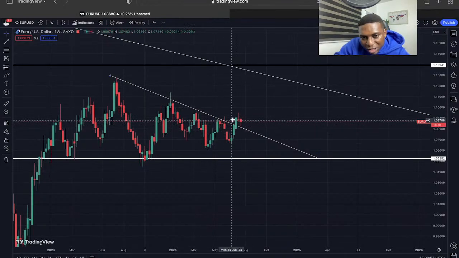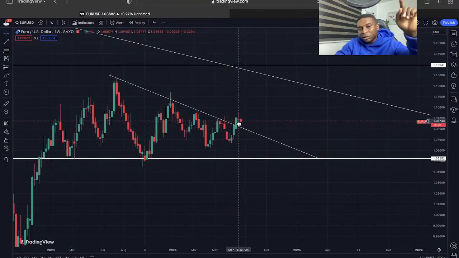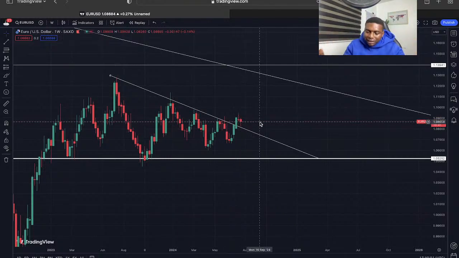But how do we fact check that? How do we double check to be very sure that the market has now left the higher low dimension into an upward direction?